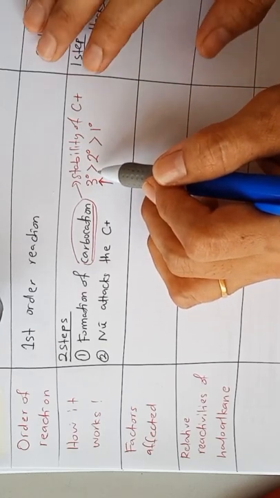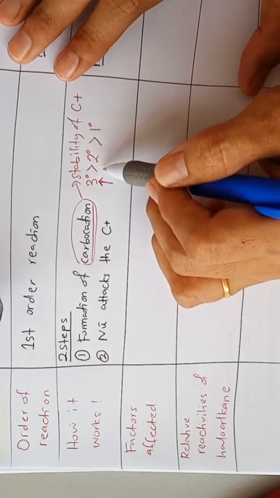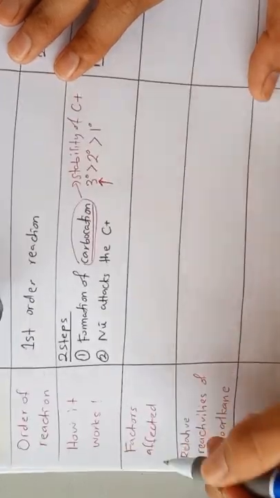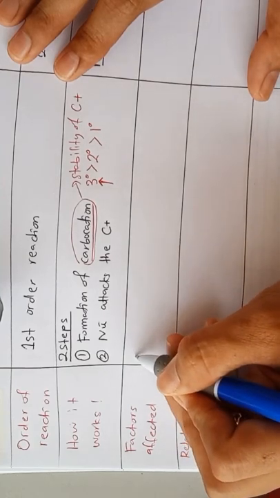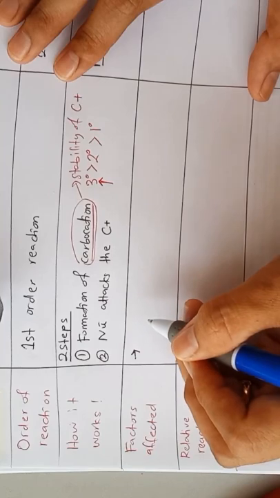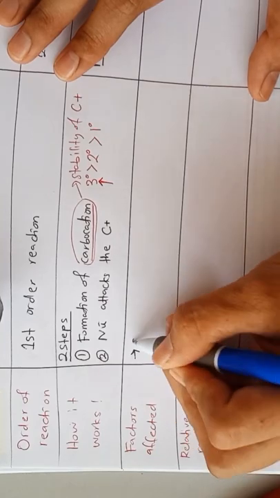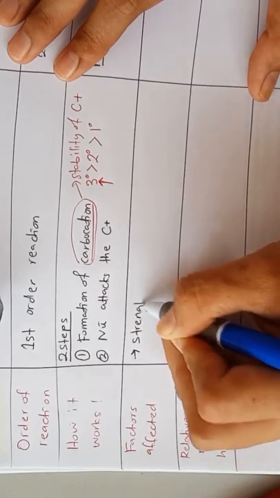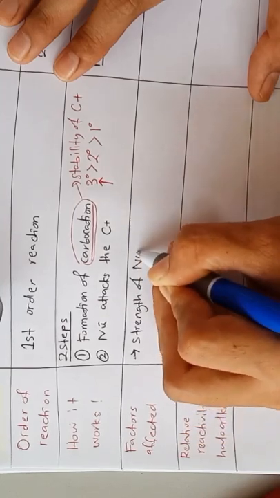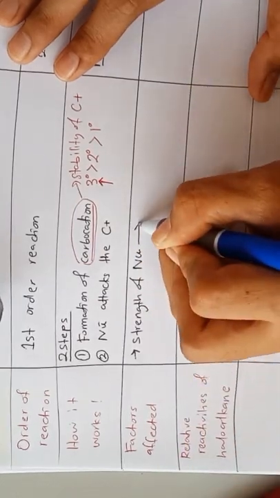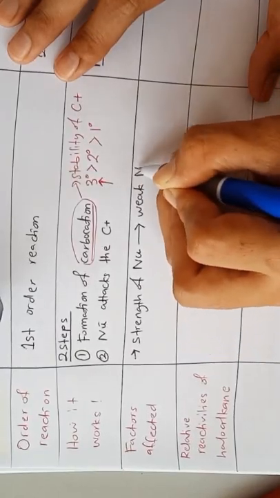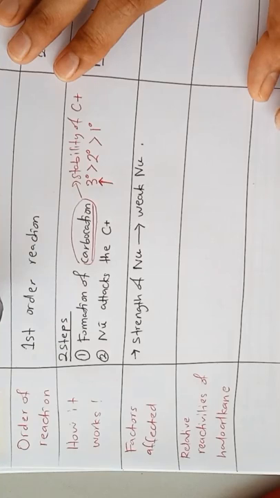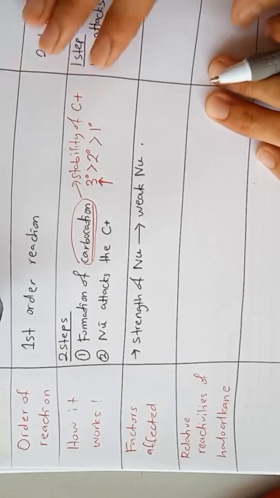Other than that, the other factor is the strength of the nucleophile. In SN1 mechanism, we only need a weak nucleophile to react with the carbocation ion.